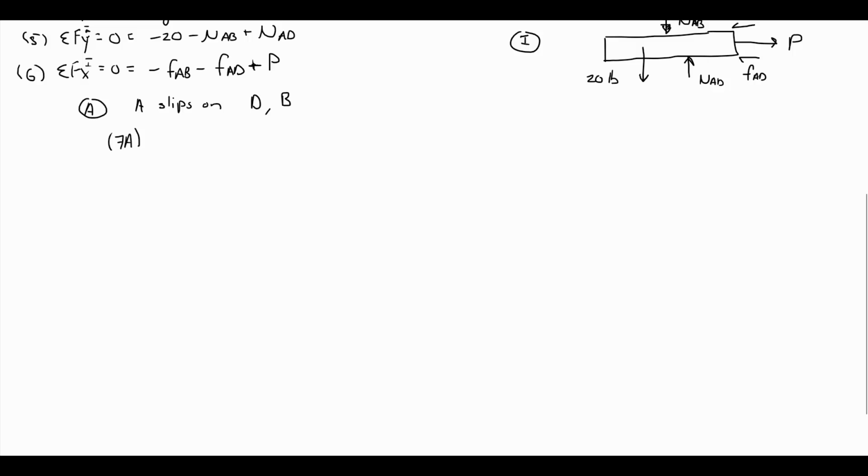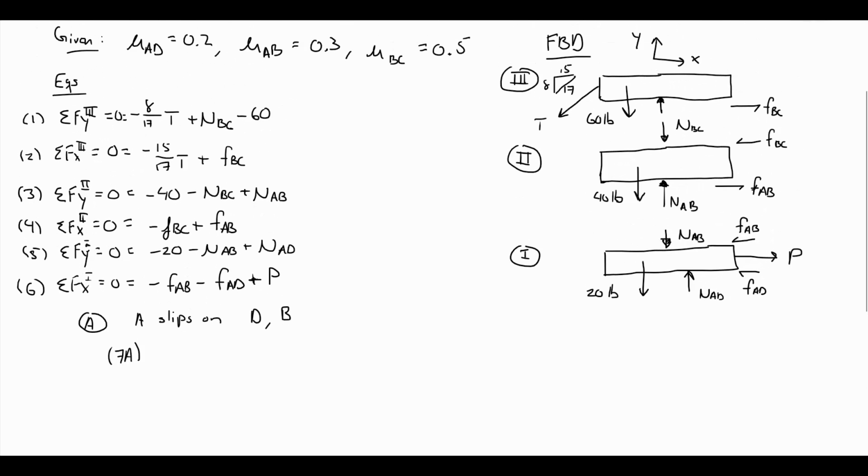So what's it going to take for A to slip relative to the ground and B? And when I say it's slipping on D and B, I'm really saying it is on the verge of slipping. So what is the force P that would just cause it to begin to slip relative to the ground and B? So here it has to slip relative to 2 surfaces it's in contact with at the same time, or be on the verge of slipping at the same time.